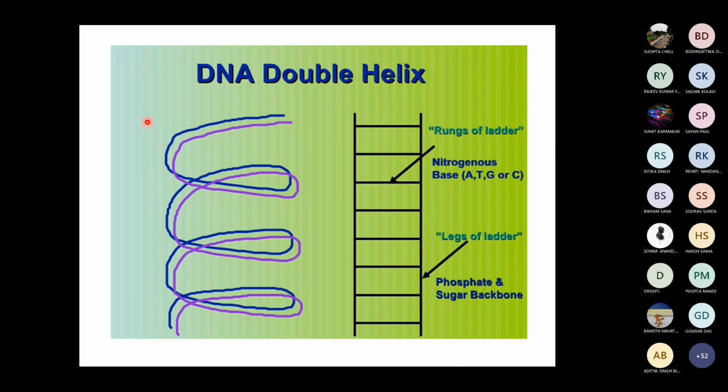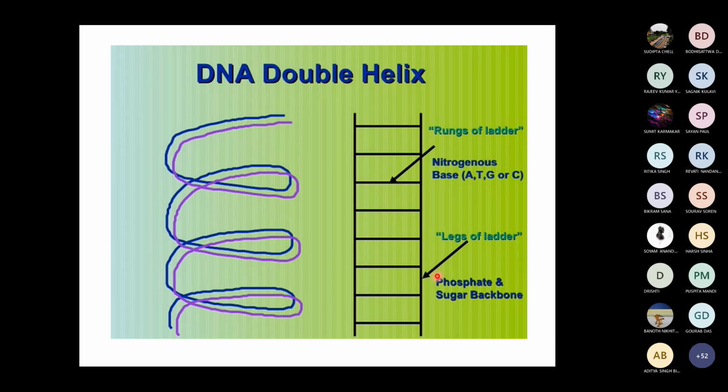Okay, so let's talk about the DNA double helical structure in detail. If you unwind this double helical structure, you can see that it looks like a ladder. If I am removing the twist, that is unwinding the strands which are wound upon each other, I can see that this is forming a ladder-like structure. The legs of the ladder, these two strands, actually consist of the phosphate and sugar backbone.